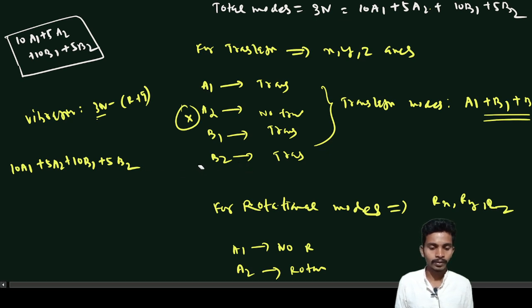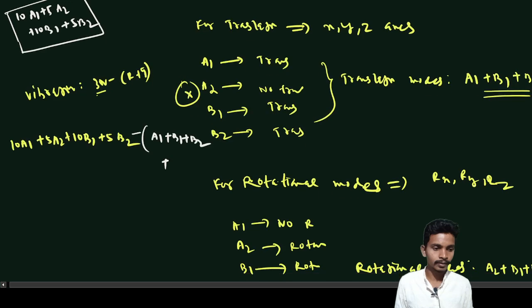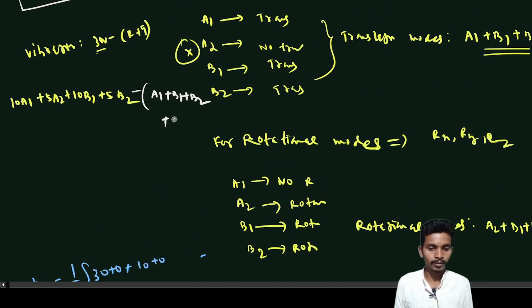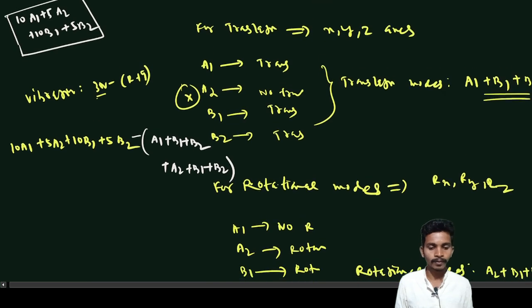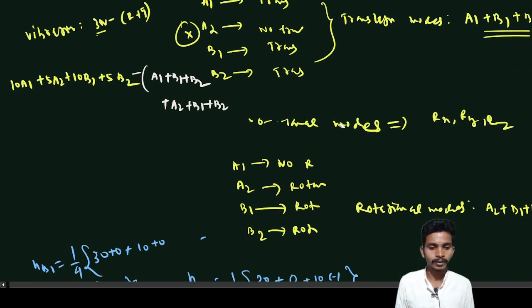Now we will subtract our translational and rotational. Translational are A1 plus B1 plus B2, and rotationals are A2 plus B1 plus B2. Okay, so now if you do it, I will erase it. It's not important.